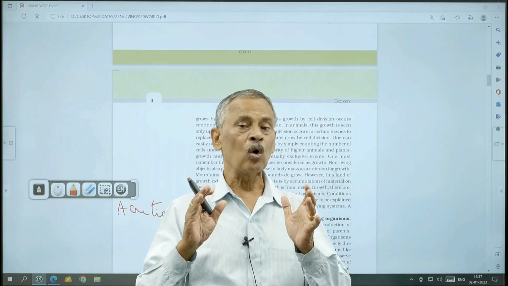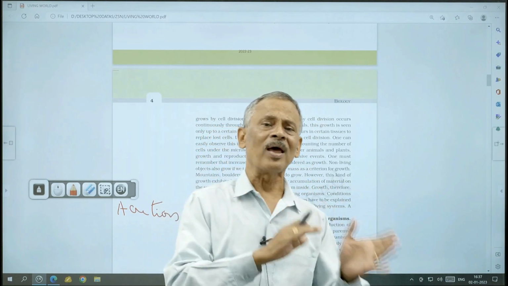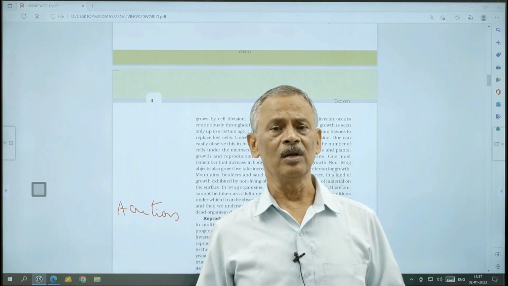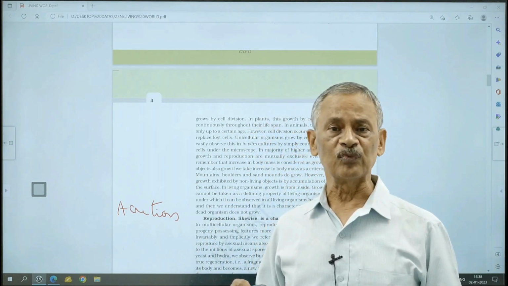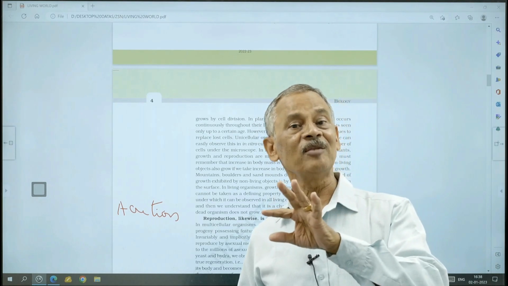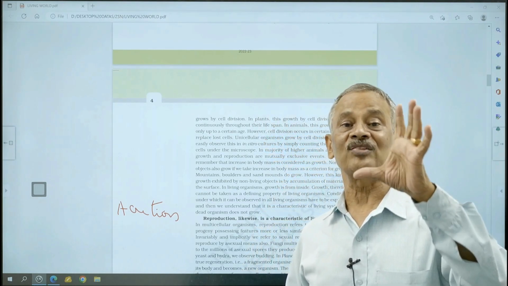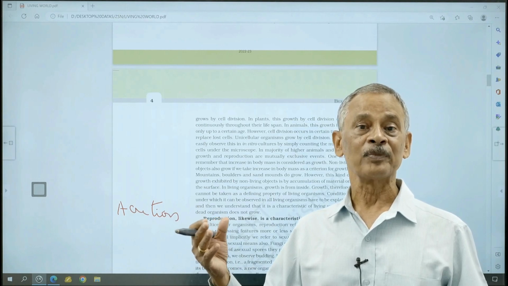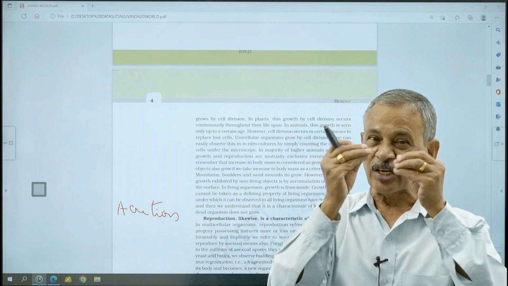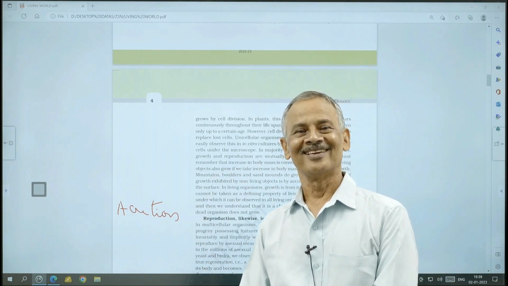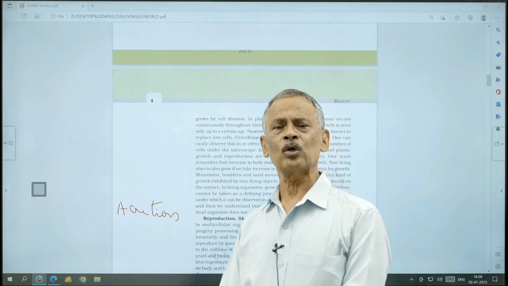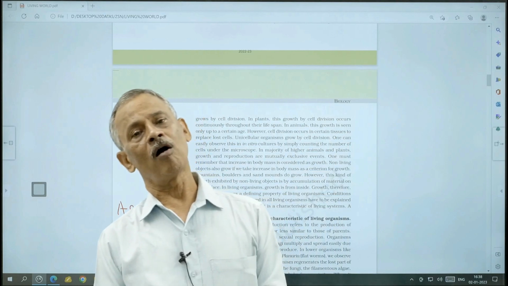Growth is not the same in plants and animals. For example, plants will grow continuously throughout their life. But animals will grow only to a certain stage. Thereafter, growth is limited to certain tissues, certain cells only. So, growth is not occurring in the same way in all living things.